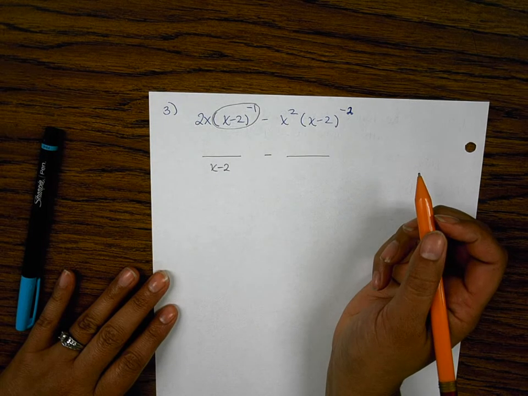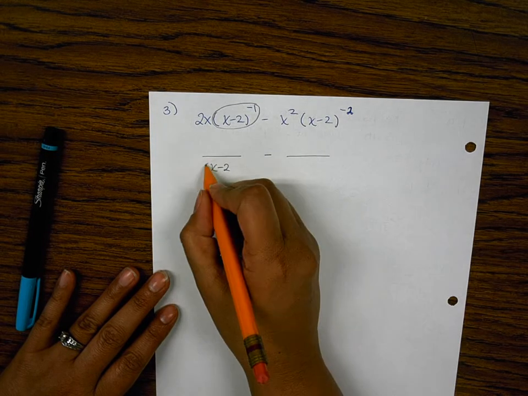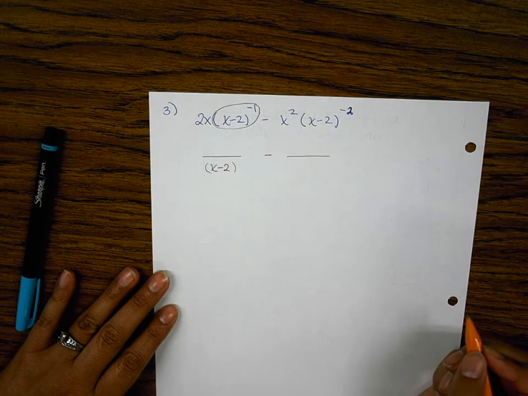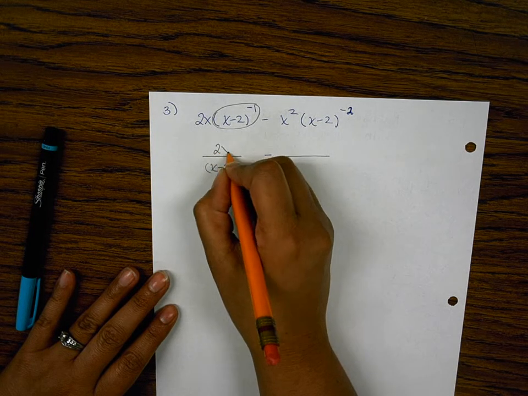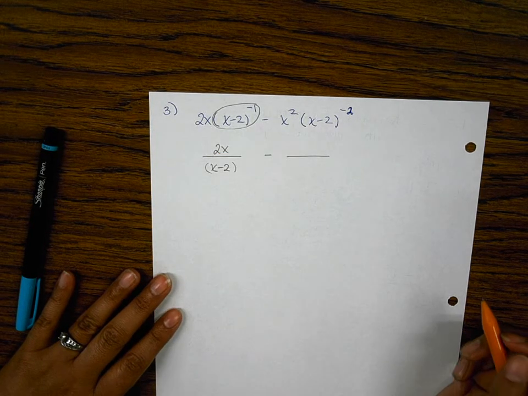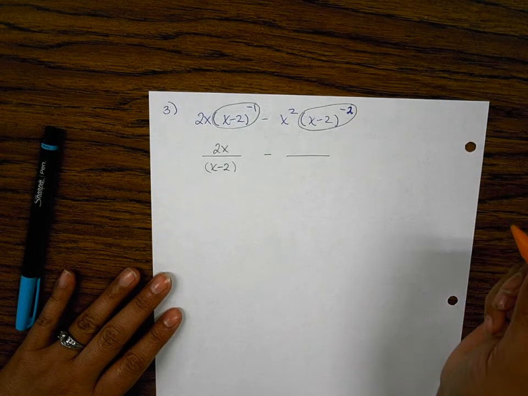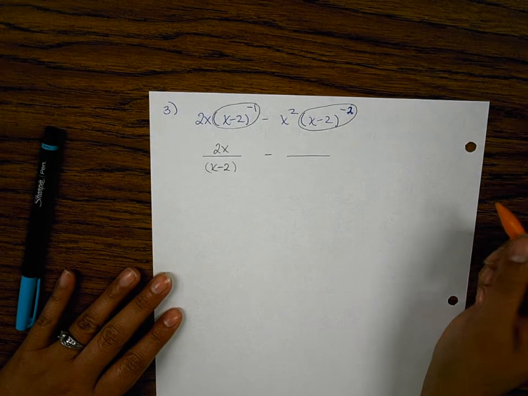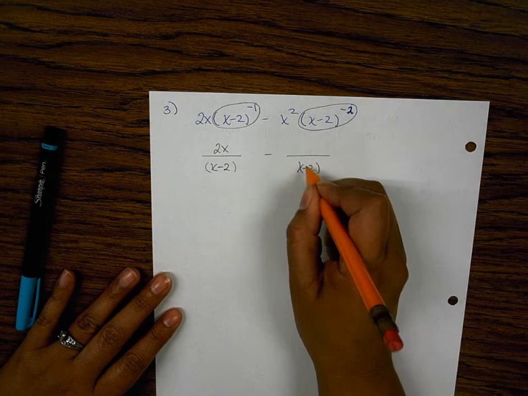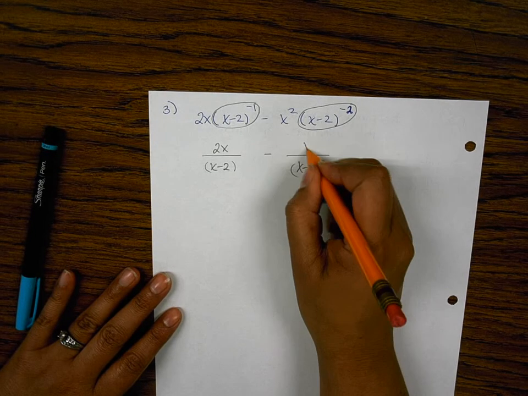So when I move things, the only thing moving is the x minus 2. And it's now being raised to the positive 1 power. I'm just going to put it like this. And the 2x is staying put. On the second term, same thing. This is the only piece that has a negative exponent, so that's the only piece that's moving.